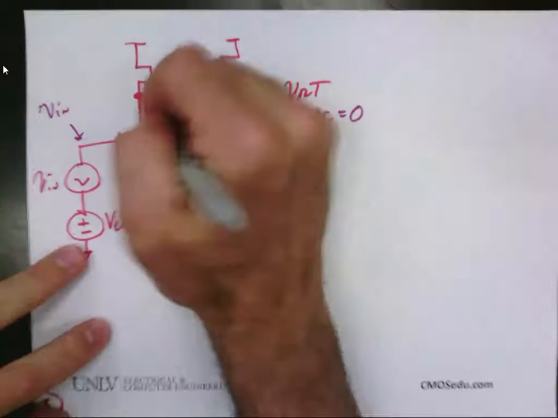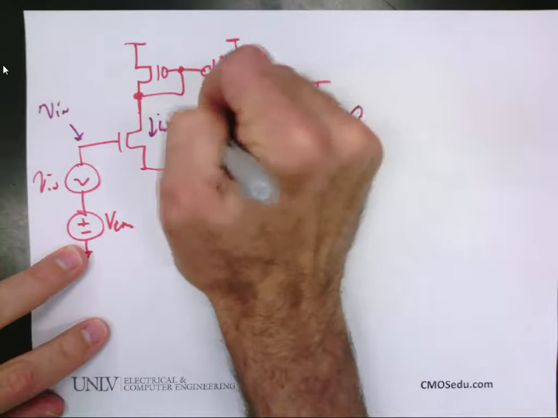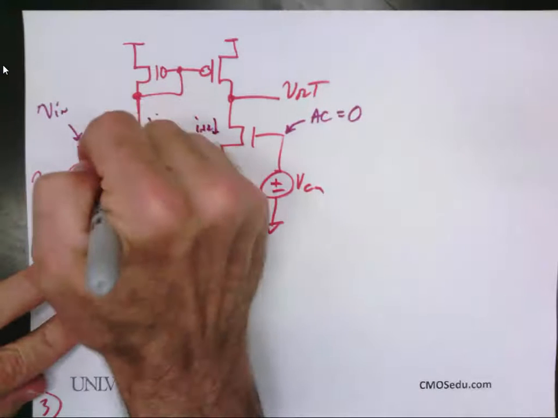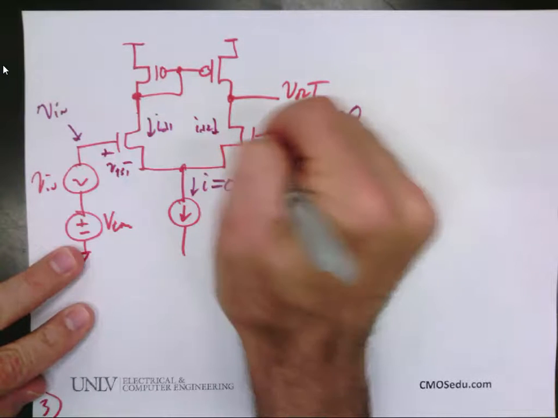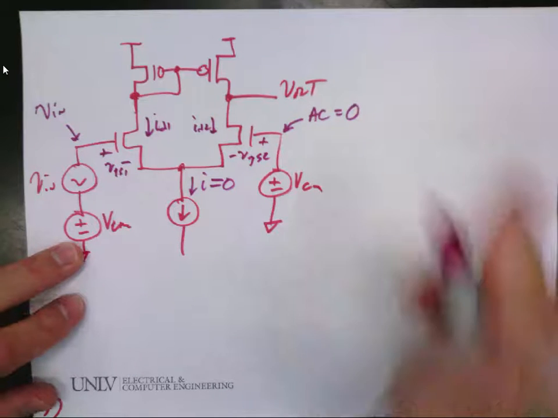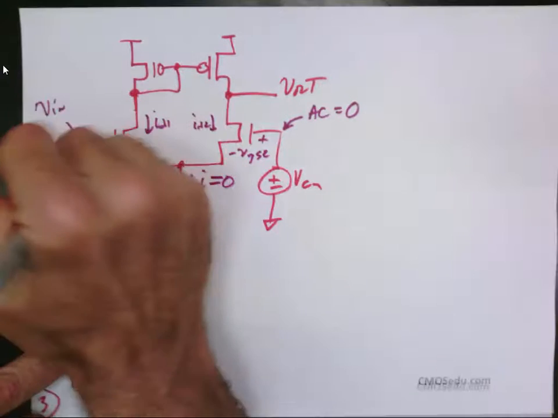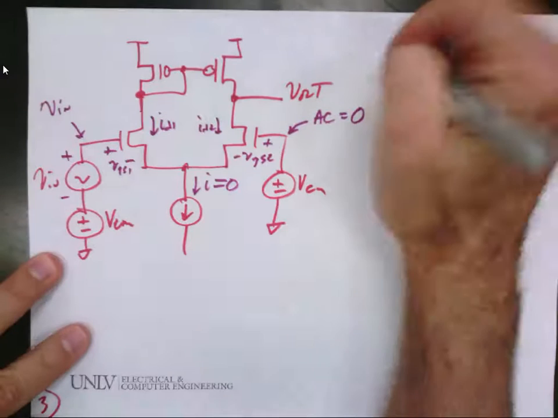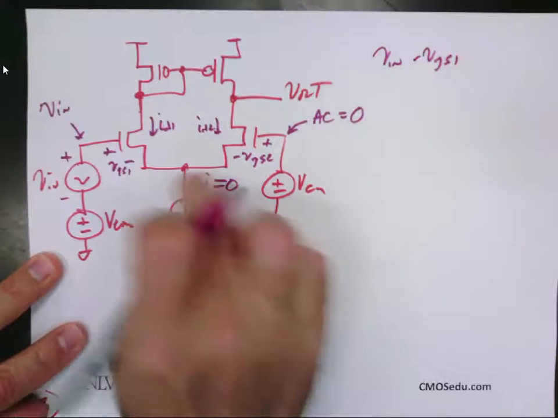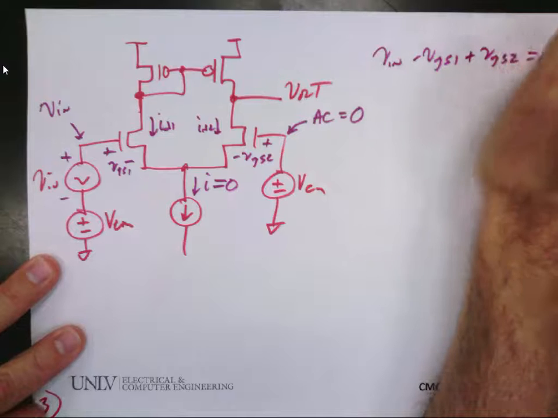I'm going to label this current ID1, this current ID2, and then I'm going to write plus minus VGS1 plus minus VGS2. Then I'm going to write a KVL. So I get a power up, V in, power down, minus VGS1, power up, plus VGS2 equals 0.